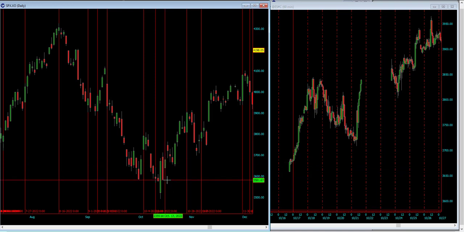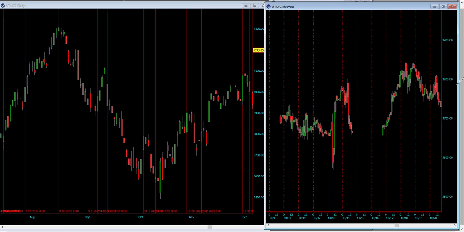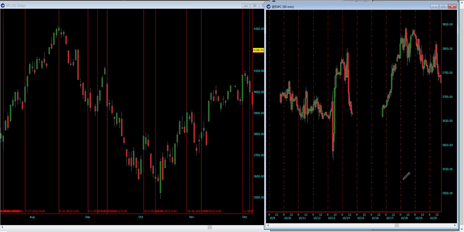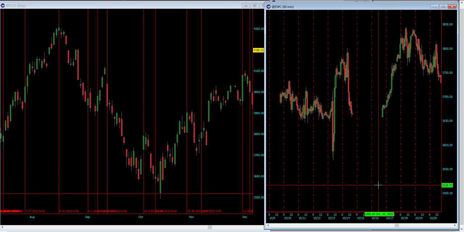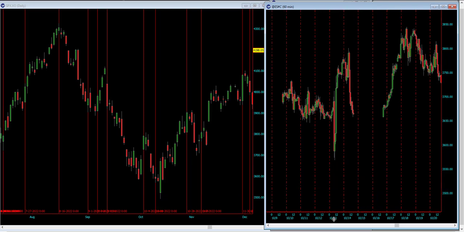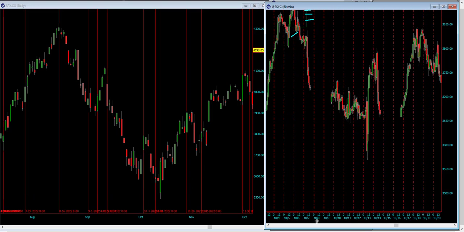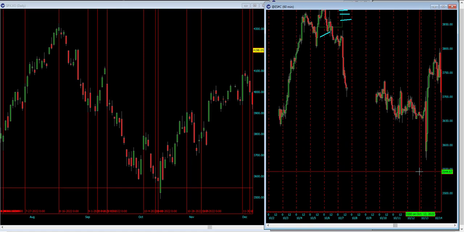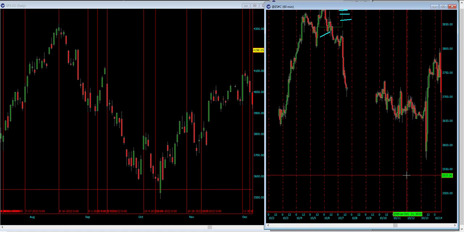But if you're dealing with this on the lower time frame, and you're looking for longs at this point, you're looking at longs at this point, right? This time at this point, based on the timing factor.